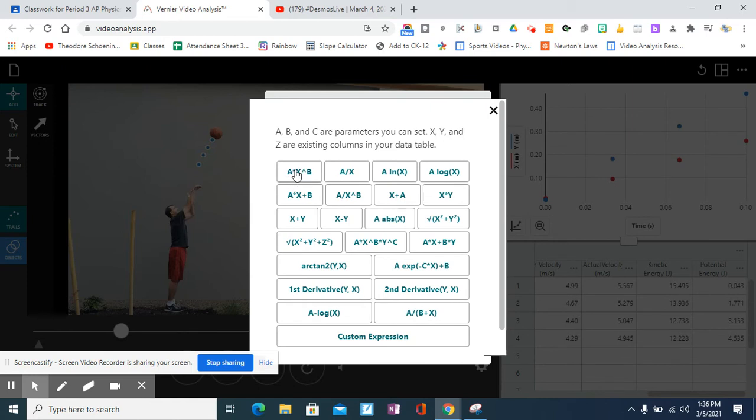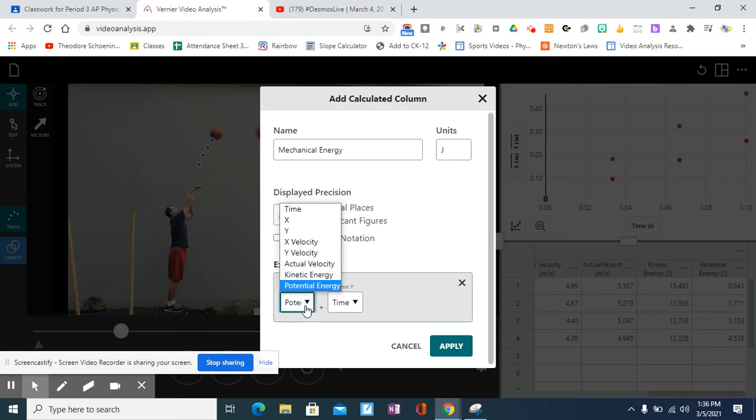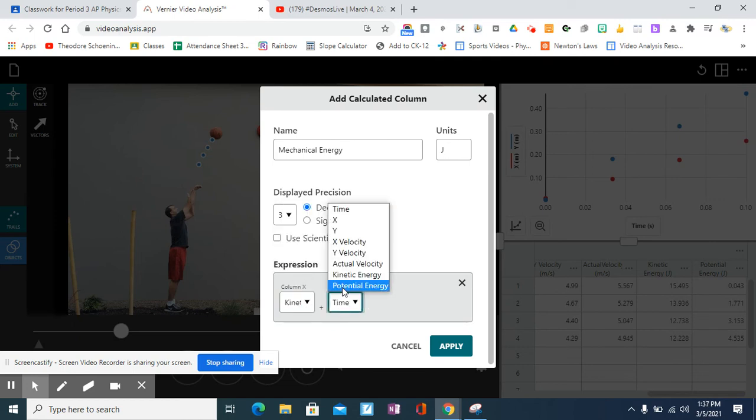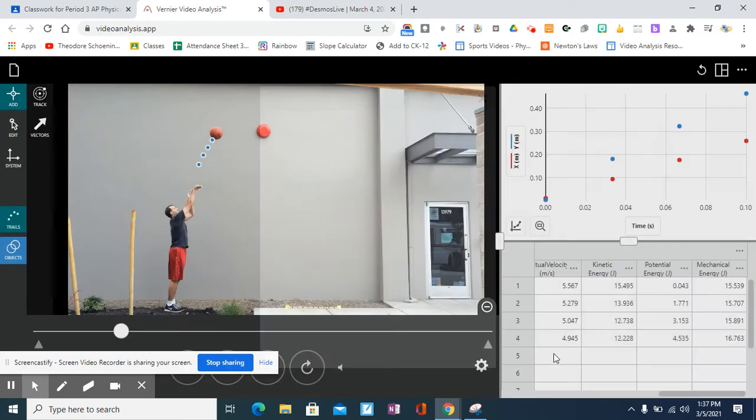So I need to find variables without constants, and I look around and I scour through, and there they are. X and Y are 2 different variables here, so I'm going to pick X and Y. And the 2 things I'm supposed to be adding are kinetic energy and potential energy, and it knows to calculate these 2. We hit apply. And we finally now have our mechanical energies listed over here.